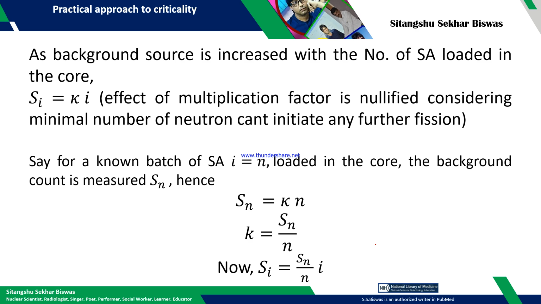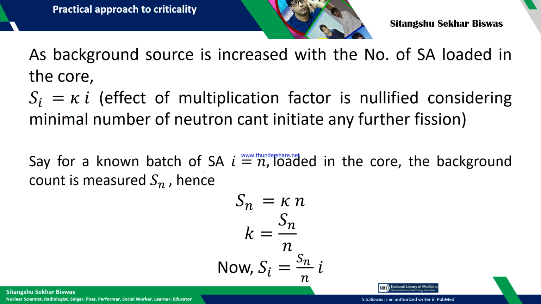Now say there is a known batch of subassemblies initially loaded in the core. Compared to the total subassemblies required to go for criticality, the initial batch loaded in the core is significantly small. In such a case we can nullify the effect of the multiplication factor, because, as I told, the first batch of loading will be very small.